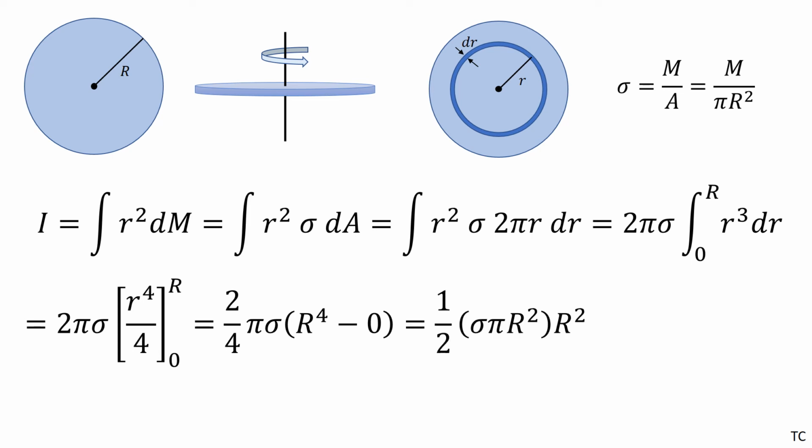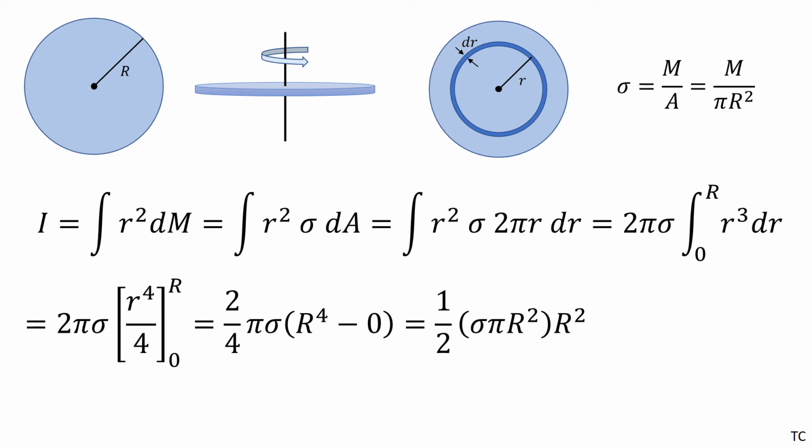From this step, with some foresight, we'll rearrange terms. You can get this into 1/2 times sigma pi R squared times another R squared, so we split up the R to the 4th.